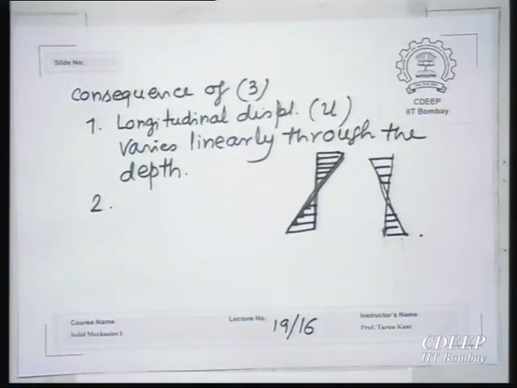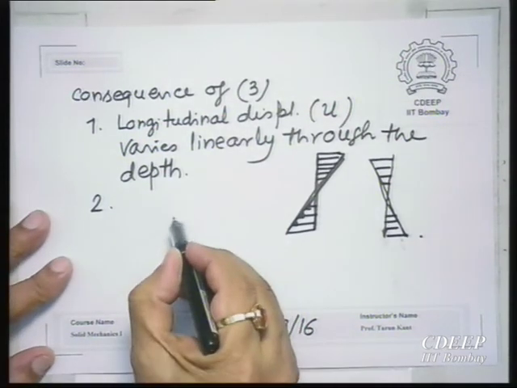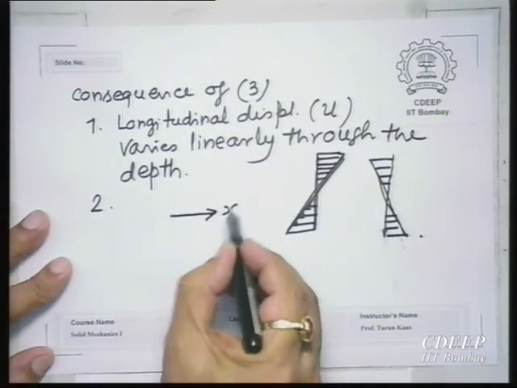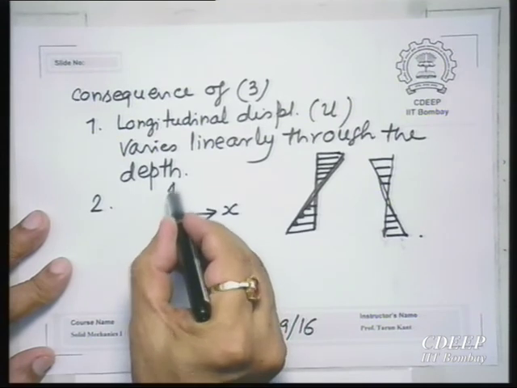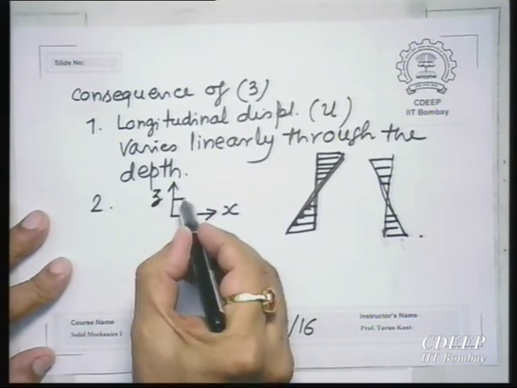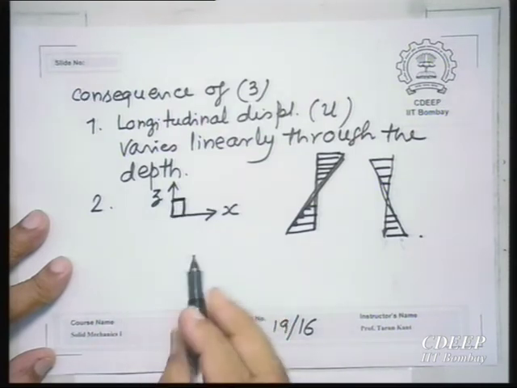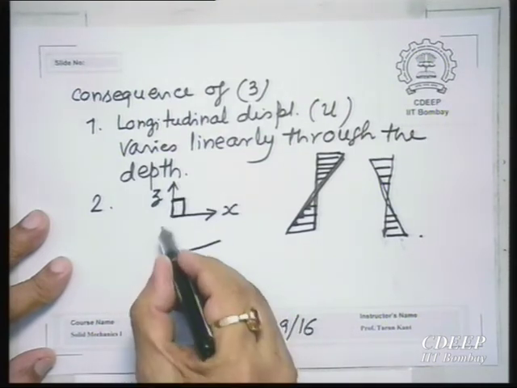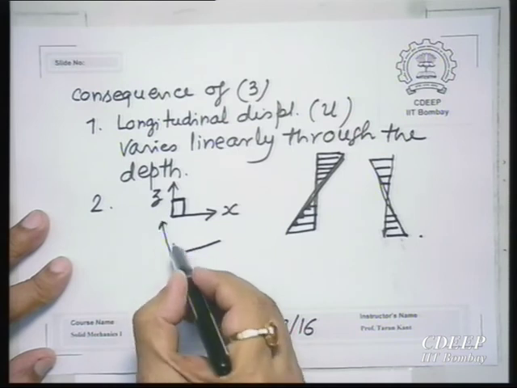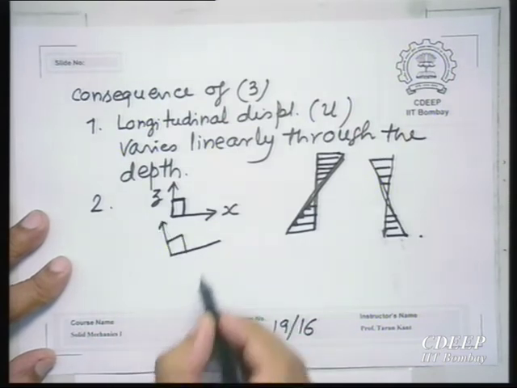This is only about plane sections remaining plane. What about normal? Plane sections remain plane and normal to the neutral axis. That means, this is x and this is z. If you take your element xz like this, the angle is always maintained 90 degrees at every instant of time.